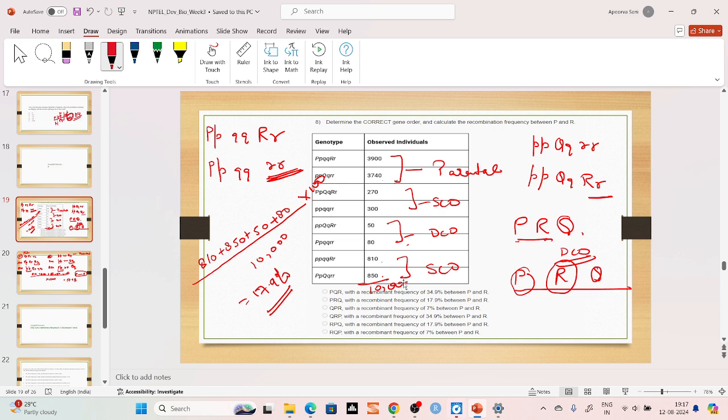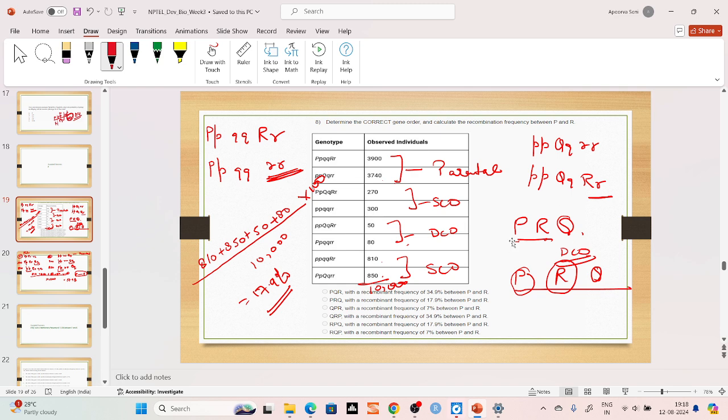As soon as you can compare, it is easier for you. But always remember, when you have to calculate the recombination frequency between any two genes, if you start calculating randomly with the order PQR, then it would be difficult for you and you won't be able to get the correct answer. So for calculating the recombination frequency, just rearrange the genotype into the correct gene order, and only then calculate the recombination frequency. If you consider the order PQR as given in the question, it will take more time.